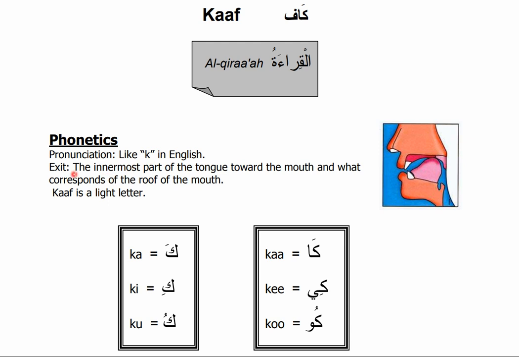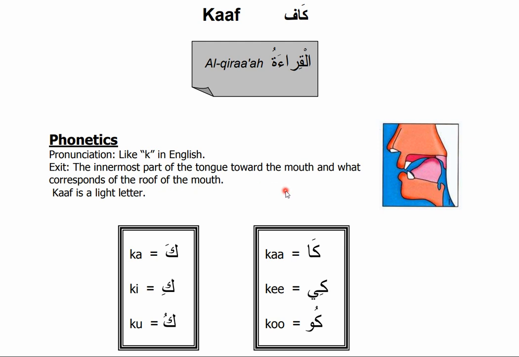Now the articulation, or the exit, of the letter kaf is the innermost part, the deepest part of the tongue, towards the mouth, and what corresponds to the roof of the mouth.